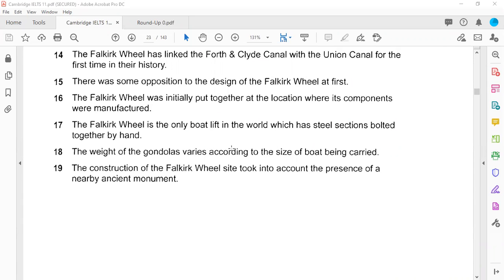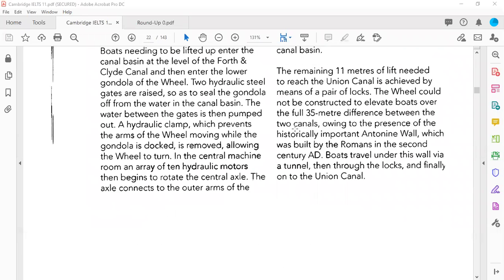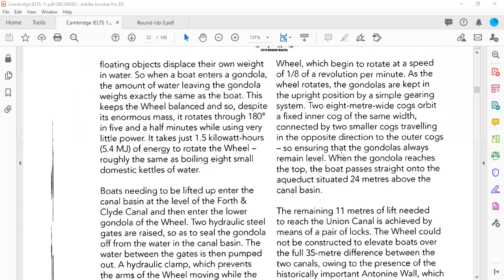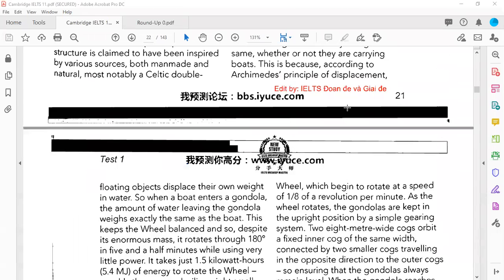That's false. The construction of the wheel took into account the presence of a nearby ancient monument. Do you see anything about a monument? Wait a moment.